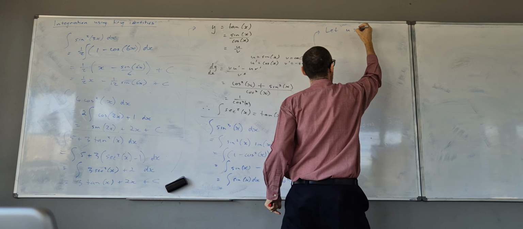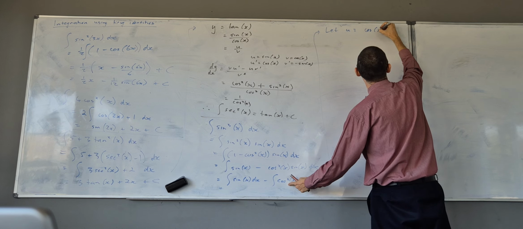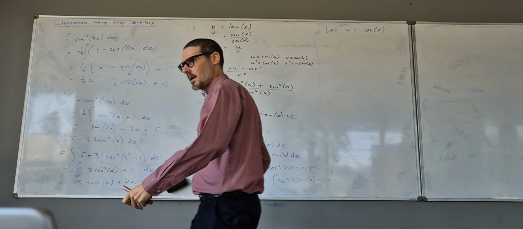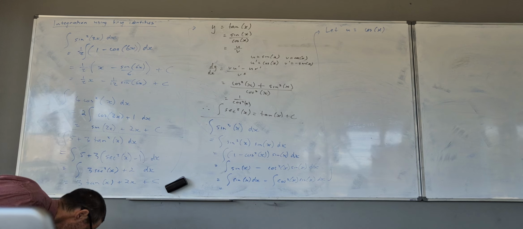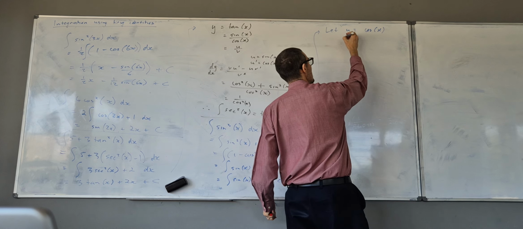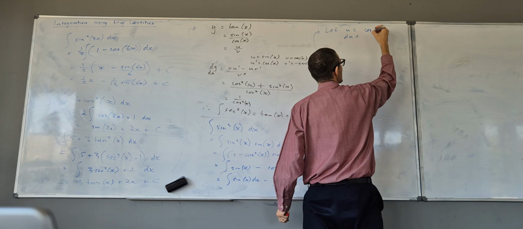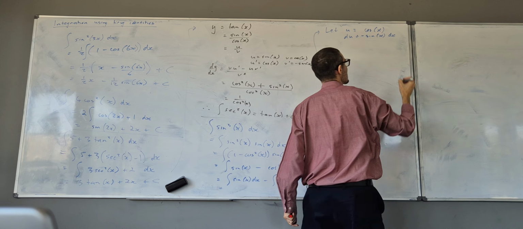Let u equal cos x. Or you can use it as cos squared, either way. du is negative sine x dx.